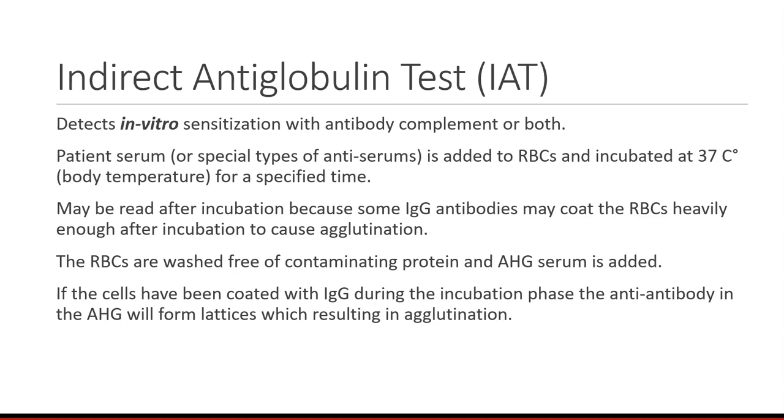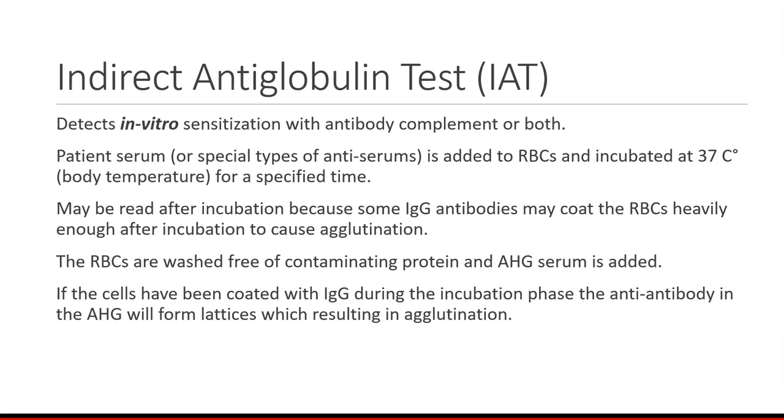The red cells are washed free of contaminating protein. Again, the washing step is one of the most crucial steps in this procedure. And that is because the proteins, you have all types of immunoglobulins in your plasma, which could cause inactivation of the antihuman globulin serum. So after washing, you add it.